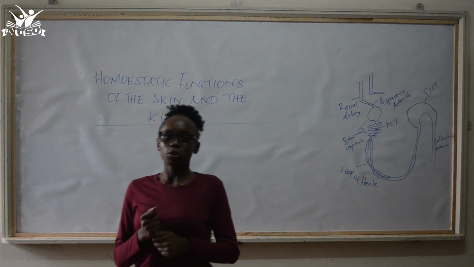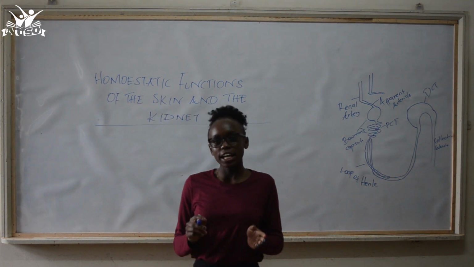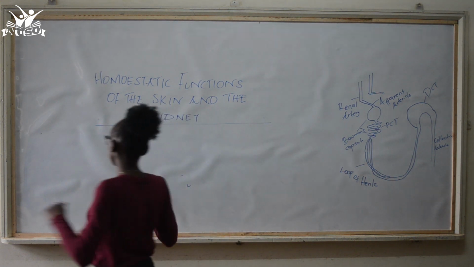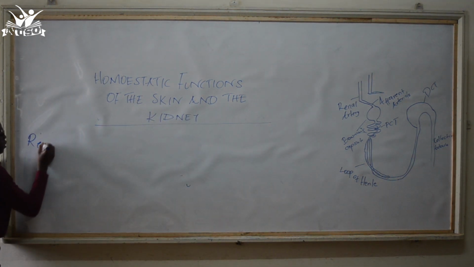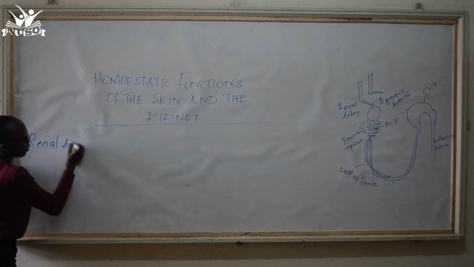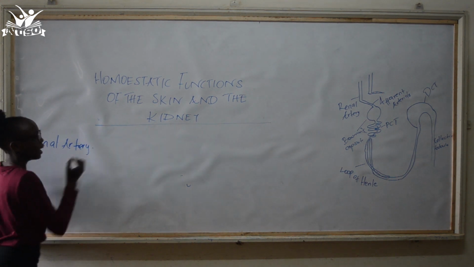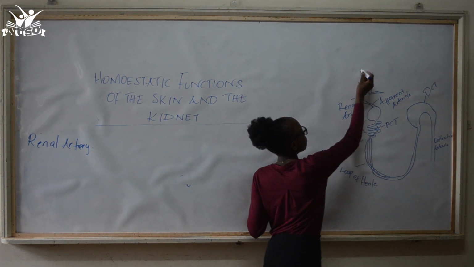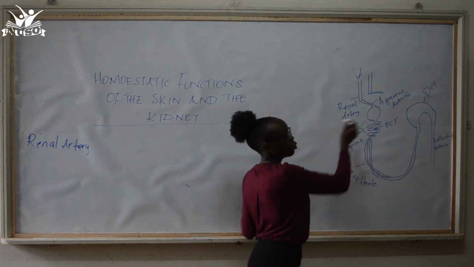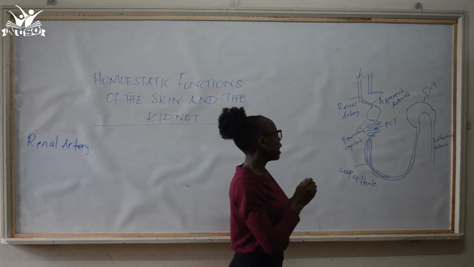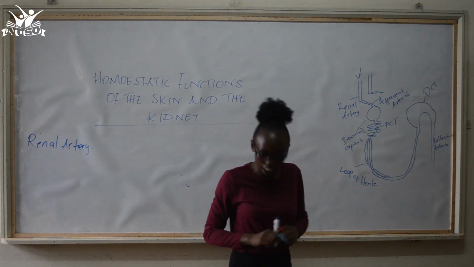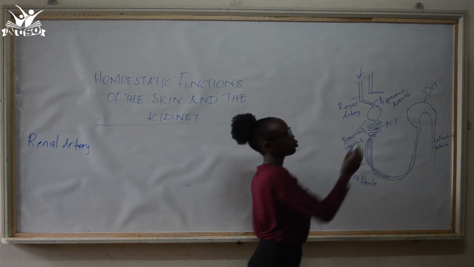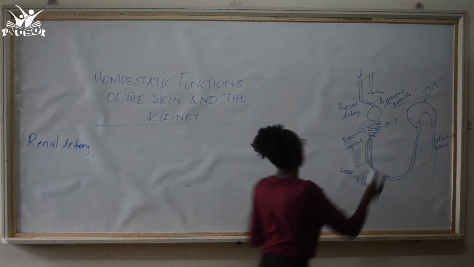The urine formation process occurs whereby blood from the other parts of the body enters the kidney through the renal artery, as it is identified here. The renal artery carries oxygenated blood, and it passes through the afferent arteriole.